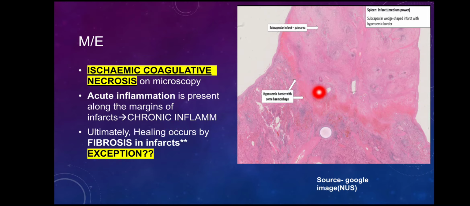Ultimately, in the late cases, this area of necrosis will show healing with the help of fibrosis, so fibroblasts will proliferate. So the exception is that in all the infarcts, the healing occurs by fibrosis, except in case of brain. In the brain, there is always liquefactive necrosis.